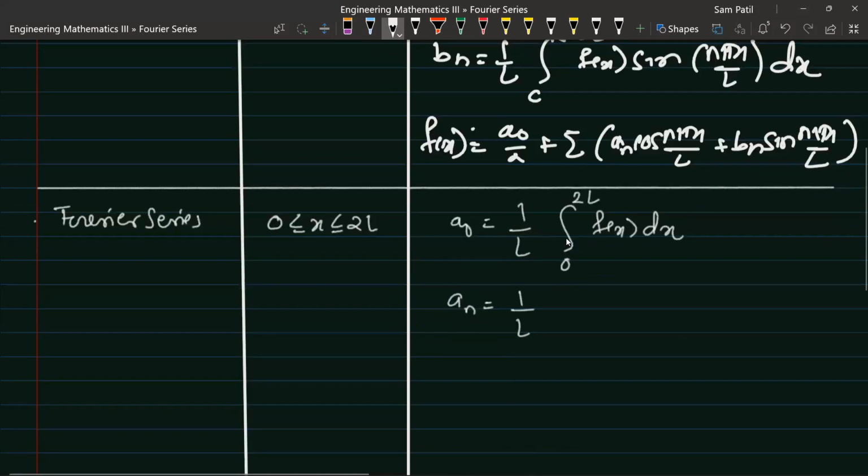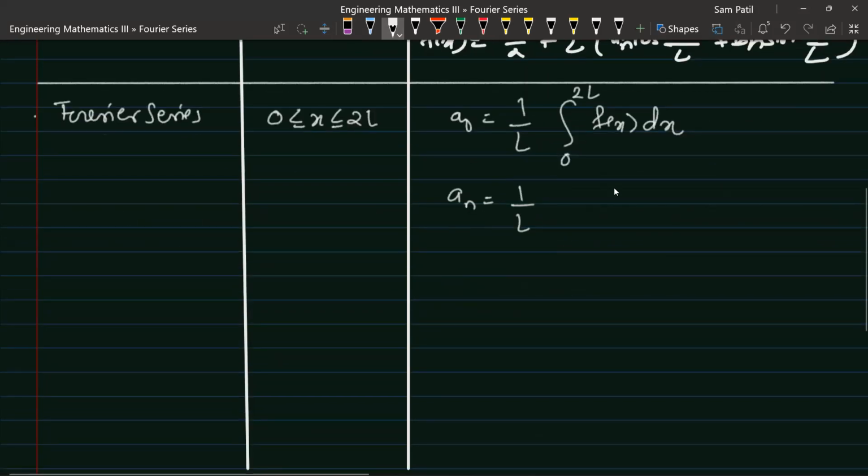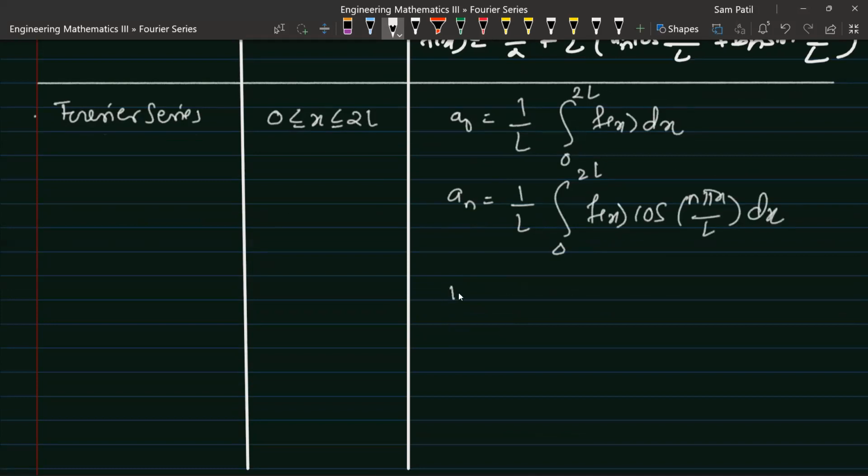This is 0 to 12 f(x) dx. Now a_n is 1 upon L, again 0 to 12, f(x) cos of n pi x upon L dx. Everything is the same. b_n is equal to 1 upon L, 0 to 12, f(x) sine of n pi x upon L dx.